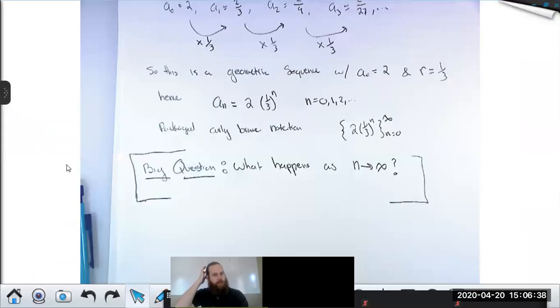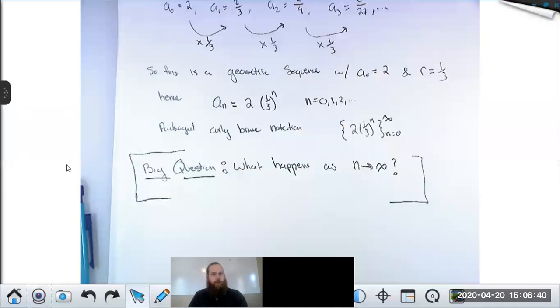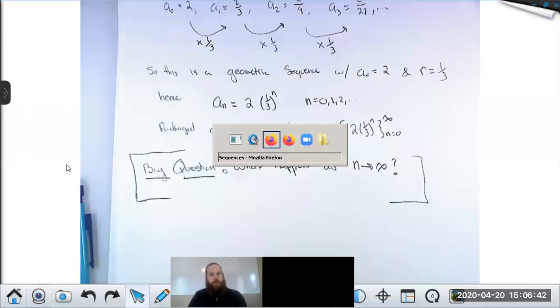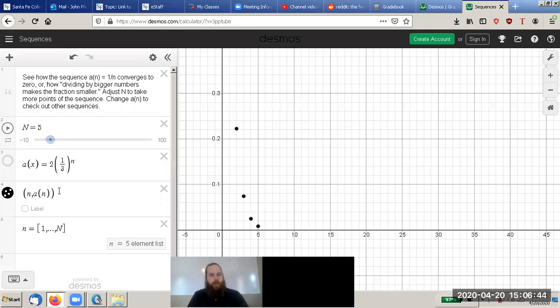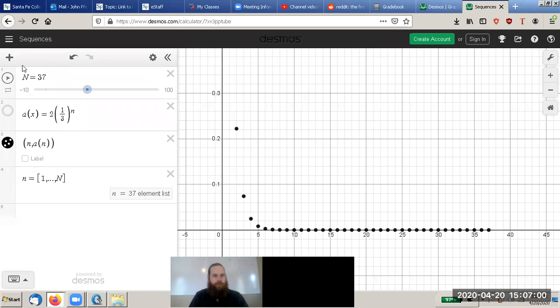That is the 2 times 1/3 to the n sequence, graphed for n equals 1, 2, 3, and 4. If I let this keep going, you see those black dots are all getting closer and closer and closer to the horizontal axis.